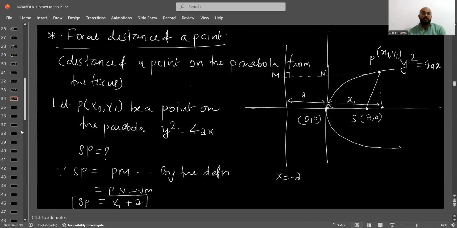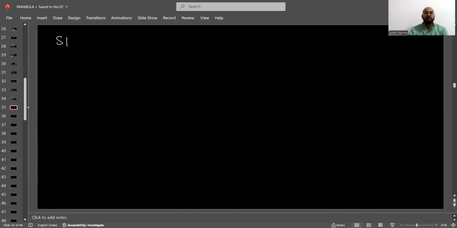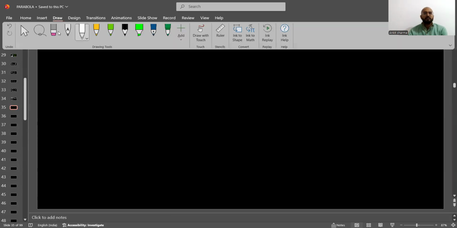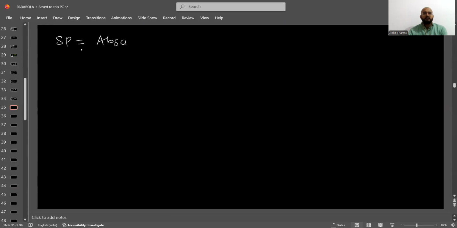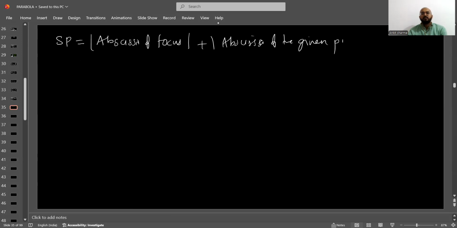So SP is nothing but simply the abscissa of the focus plus the abscissa of the given point. It is as simple as that. That means SP is equal to simply x1 plus a.